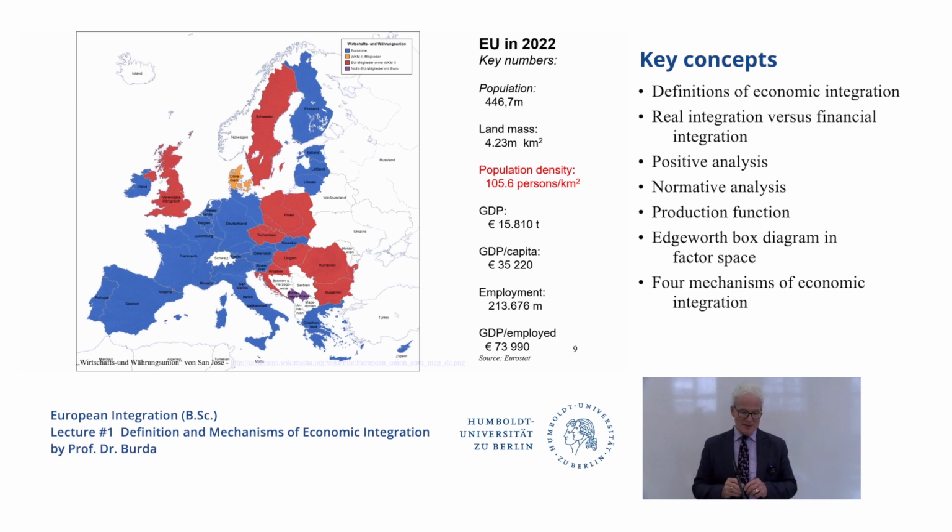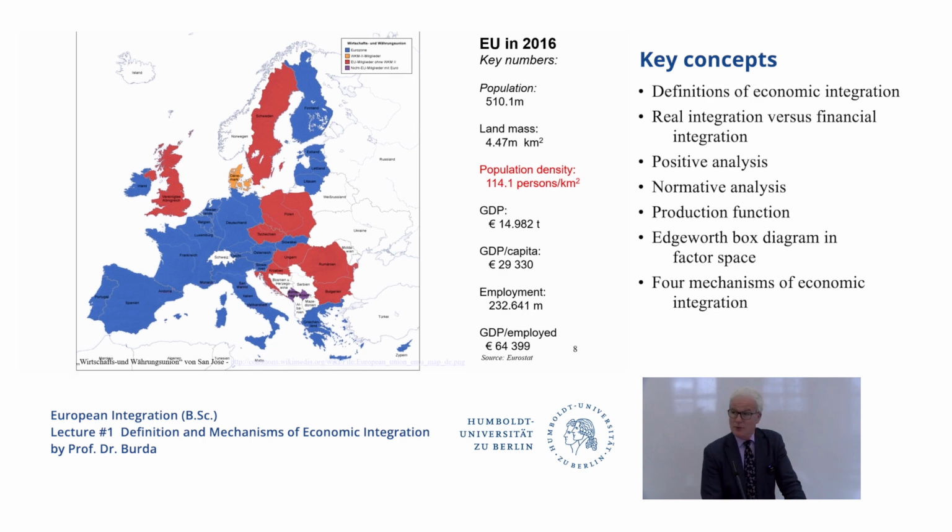Okay, that's pretty obvious. Population density changed a little bit. It went down. So Britain, or the UK, is a highly densely populated part of Europe. What happened to GDP is also interesting. Well, it went up for economic growth reasons, despite Brexit. The UK is a richer part of the European Union.